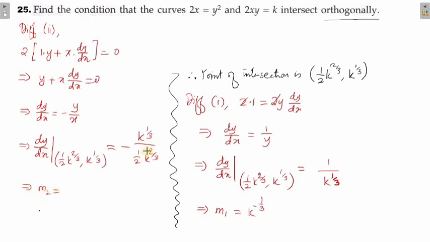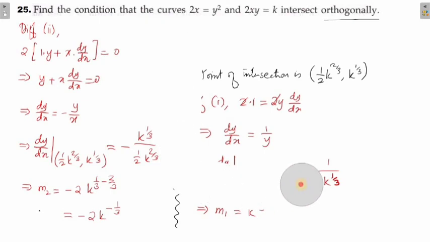So m2 is equals to how much? It is minus, this half becomes 2, this 2 goes up, so it becomes k to the power 1 by 3 minus 2 by 3. So this is exactly minus 2 k to the power minus 1 by 3. So I got my m2 also. Okay, now let's see the next part.